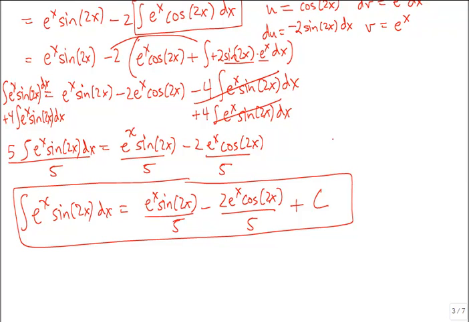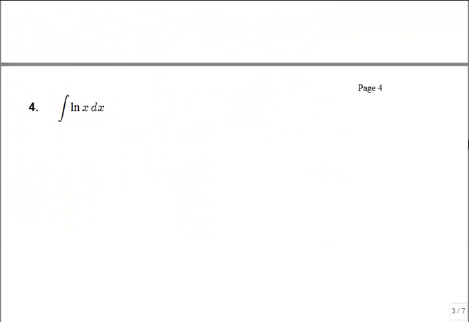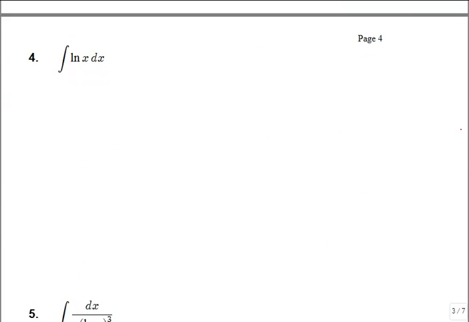So this is kind of a tricky process here, what we did, but it was using that cyclical nature of the trig functions and their derivatives, so that by using integration by parts twice, we were able to go from sine to cosine back to sine again, so that we could then combine our integrals on both sides and get it isolated. All right? So you'll see that kind of a problem quite often. It's a pretty common type of integration by parts problem.